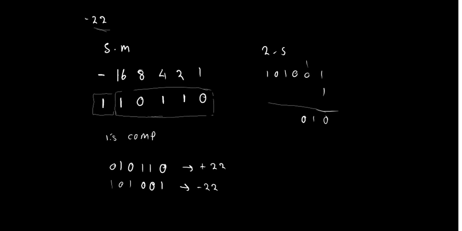Then we can use that conversion gadget just to make sure that what we're doing is right. This is 1, this is 2, this is 4, this is 8, this is 16, this is negative 32. We can then quickly do the mathematics here. Negative 32 plus 8 plus 2 is negative 22. So that's just a quick way of confirming your answer in 2's complement.